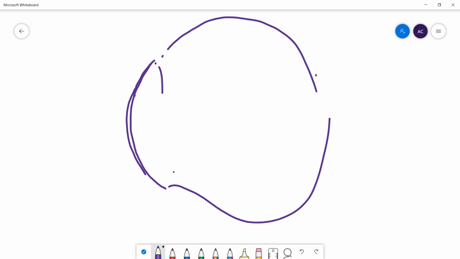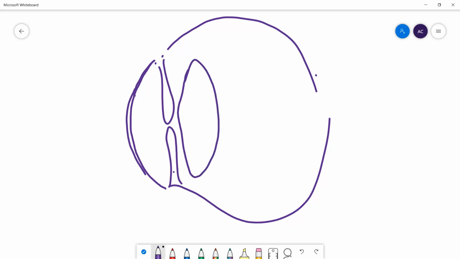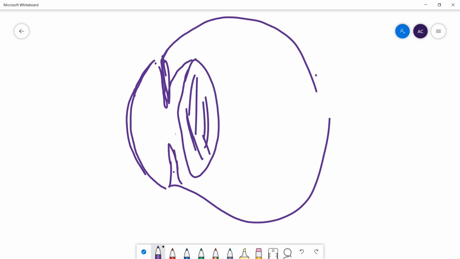Now, this is the iris, and behind the iris is the lens. Now, if this lens is thick due to any reason, it will push the iris forward.